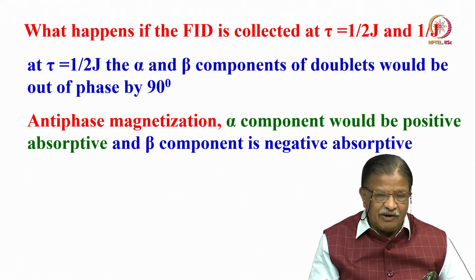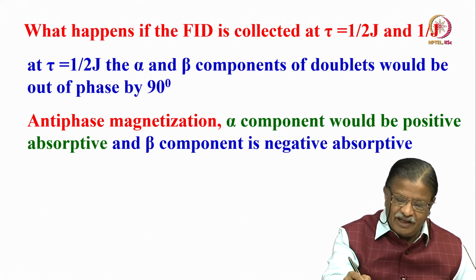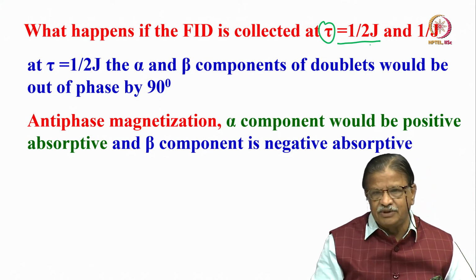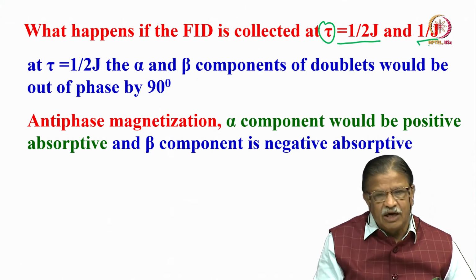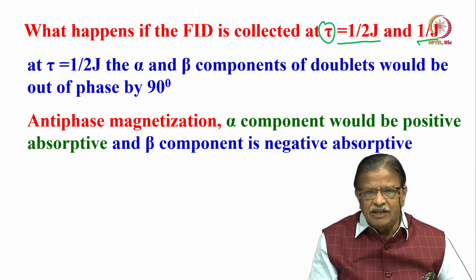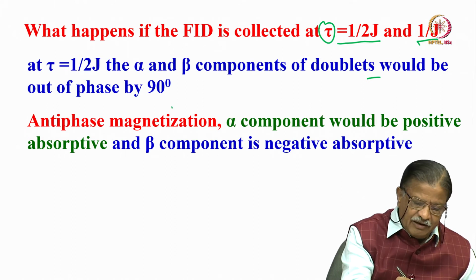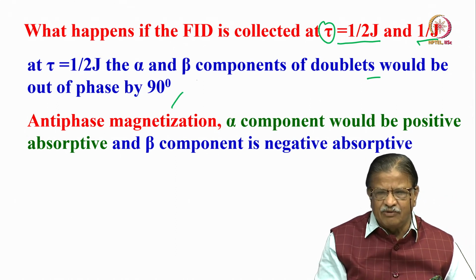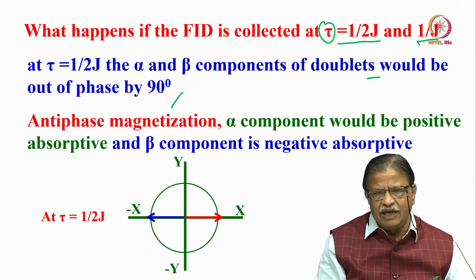Now I will do one thing. What happens if I collect the FID not at t equal to 0, but at t equal to 1 over 2J and 1 over J? Two collections I will do. At 1 over 2J, what happens? The alpha and beta components of the doublet will be out of phase by 90 degrees. They move out exactly at 1 over 2J, out of phase by 90 degrees.